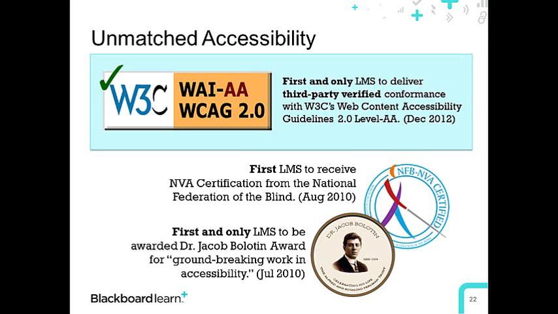And each of these guidelines has testable criteria for success, and that's what's been verified by our third party for our conformance statement. Most criteria only have 1 level, but some have 3, and we're conformed at least to 2.0 or level AA across our application.